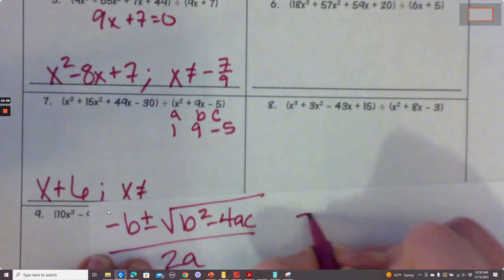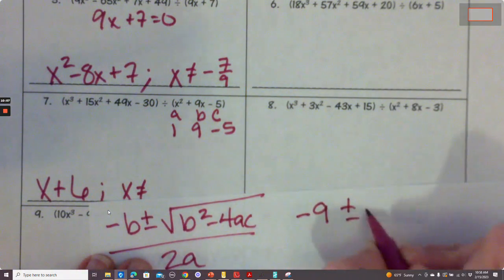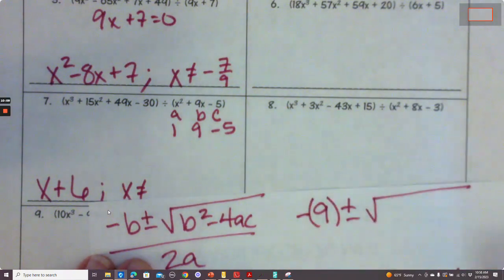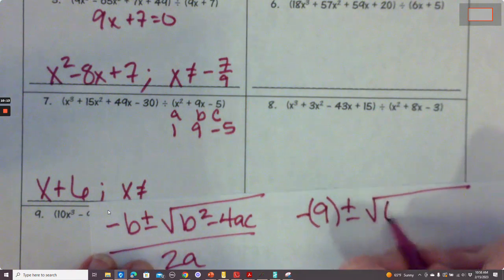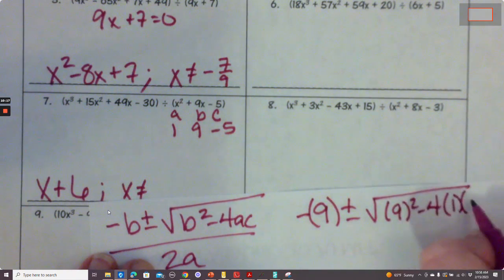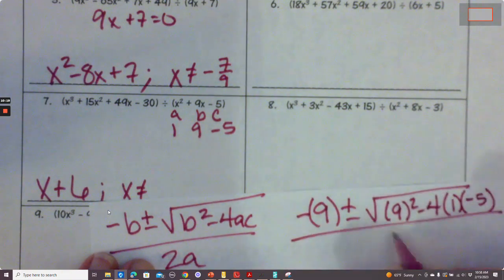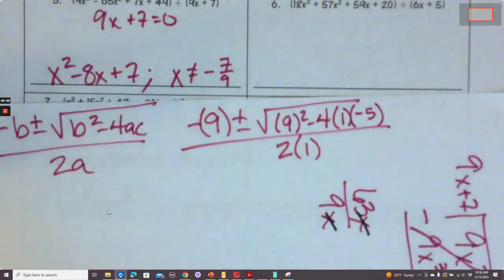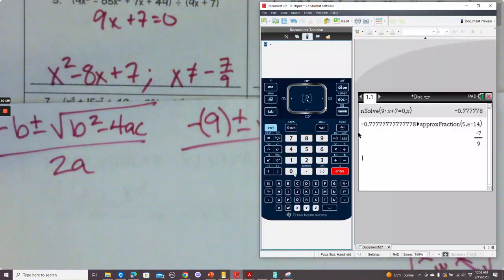So, negative B, and use parentheses when you swap out a letter for a number. B squared minus 4 times A times C, divided by 2A. Do what's underneath first.